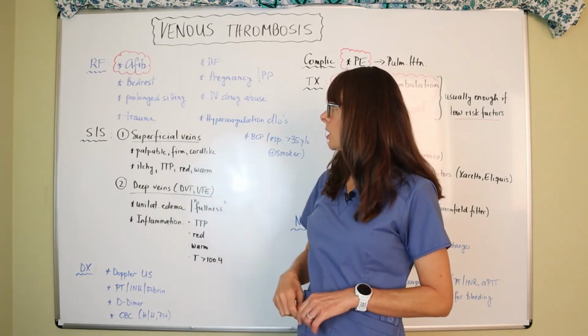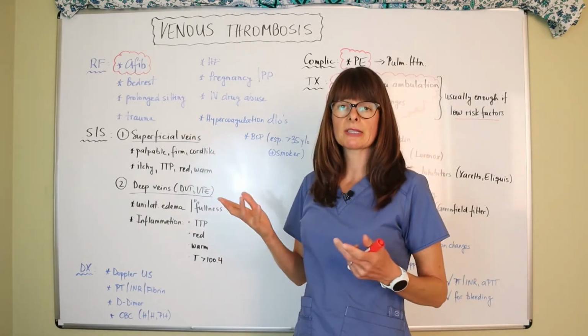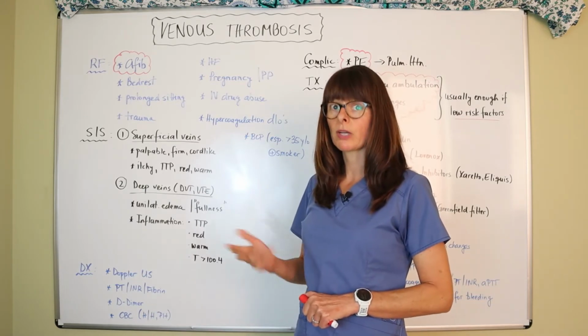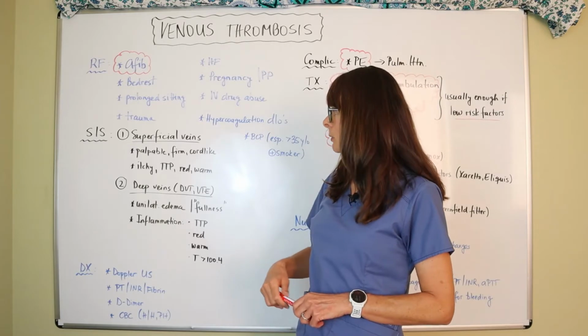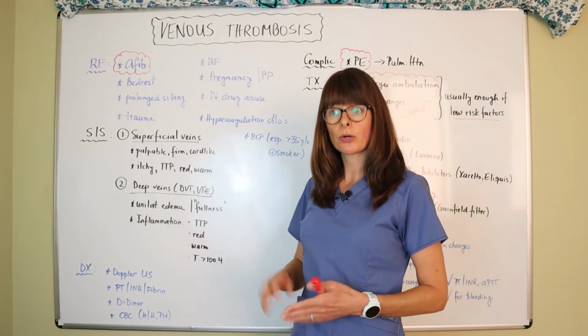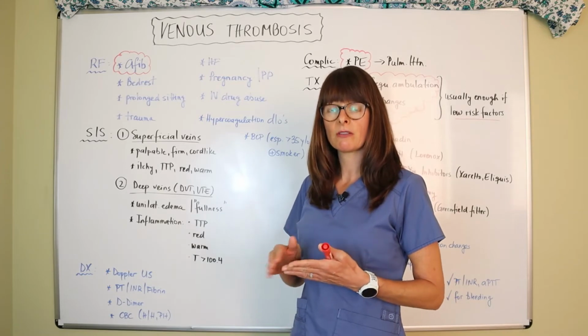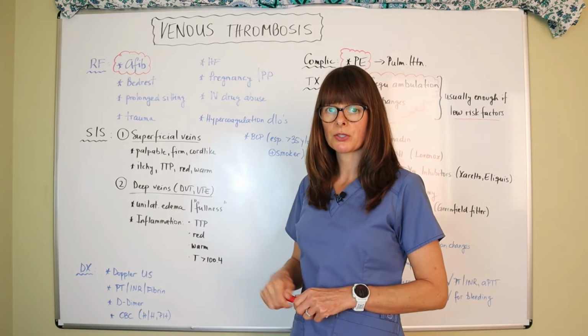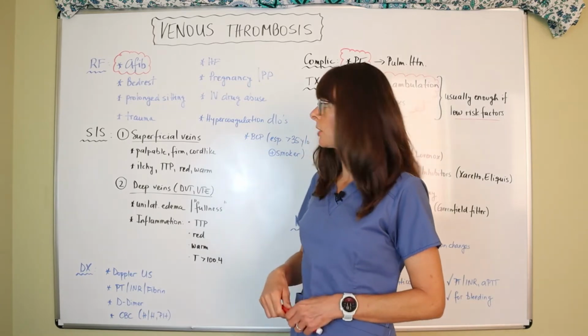And then also prolonged periods of sitting. So think about somebody who's traveling on a long plane flight or car ride somewhere. They're at risk for developing venous thrombosis, as well as trauma. So any traumatic injury to the lower extremities can cause damage to the vascular endothelium, and then the platelets and the fibrin will start to aggregate and maybe form a thrombus.